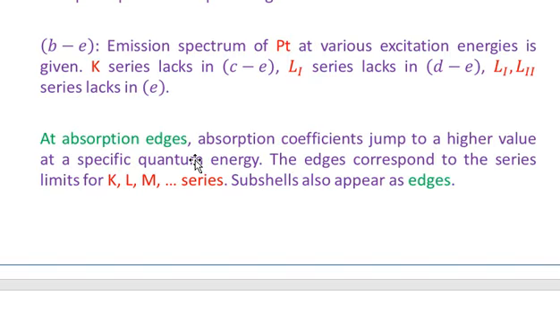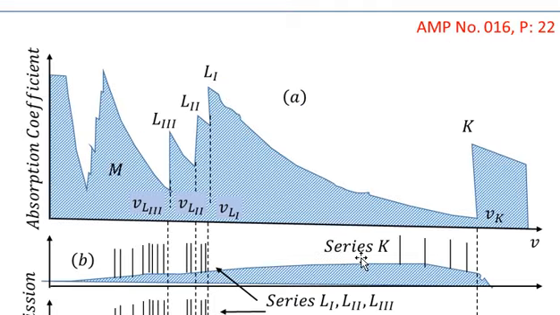At absorption edges, you see that I have shown the absorption edges over here. For example, L1, L2, L3 are the absorption edges. Similarly, the absorption edge corresponding to the K edge is also shown, and the absorption edges corresponding to the M level are also shown but not labeled.